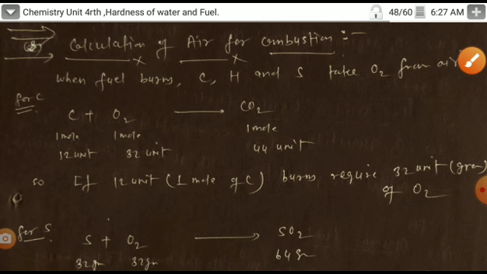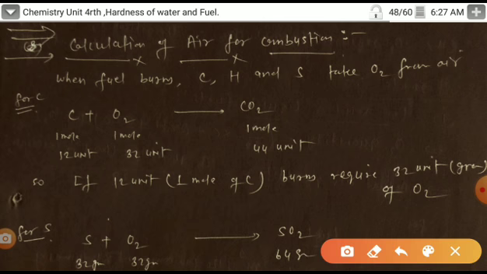Then it can be simplified that when 1 mole of carbon present in a fuel is burned, it needs 1 mole of oxygen. So for a complete combustion of carbon present in a fuel, there is a requirement of 1 molecule of oxygen, and when carbon is oxidized it forms carbon dioxide, CO2.